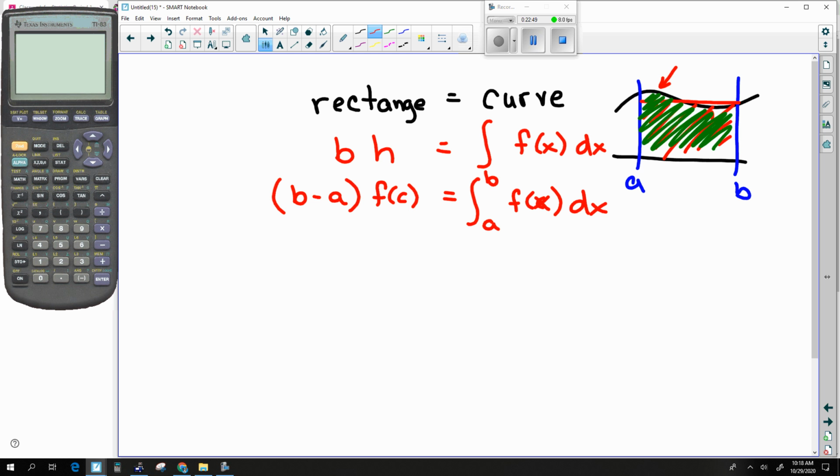And the height is the average value. And again, what this value c is going to be is there's going to be a c value on the integral of a to b. The intermediate value theorem holds. All right.